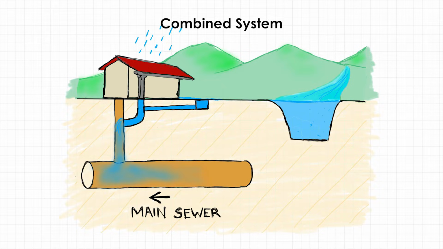Now, the second important thing to know is that there are two main types of drainage system. We have the combined system and we have the separate system. As you see in this picture right here, the combined system is when we combine everything together into one main system, and we channel that through one main sewer line and send it off to the sewage treatment plant.